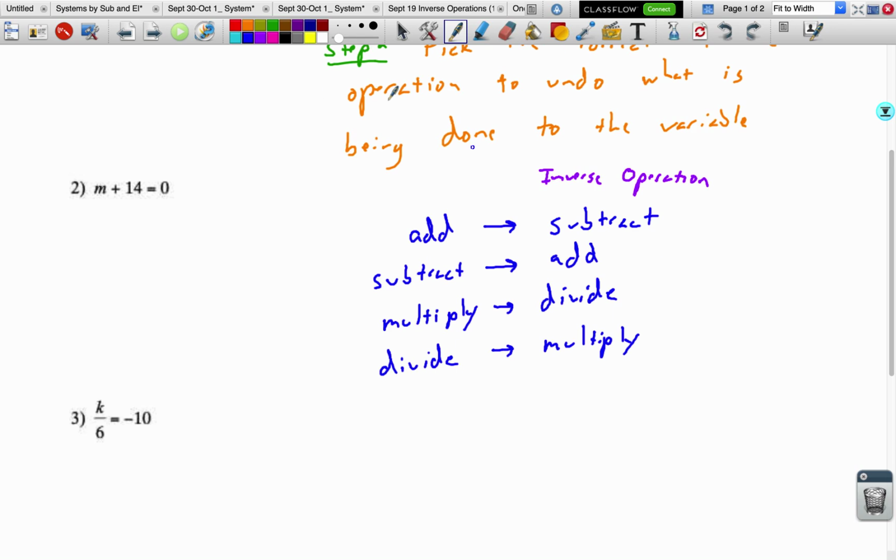All right, and then step 3. So this is kind of the golden rule of all of solving equations.